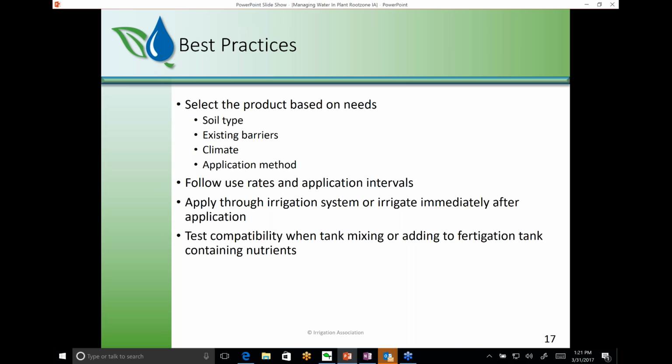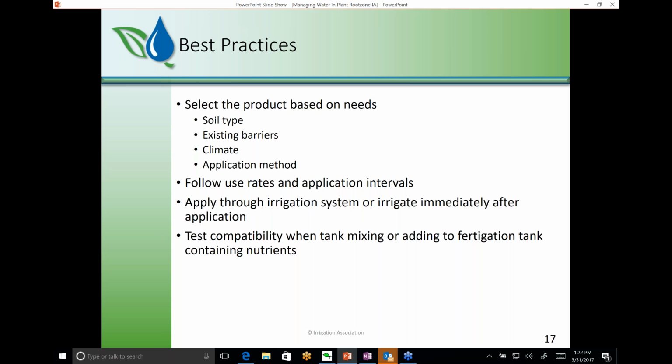Finally, many turfgrass managers, landscape contractors, or growers want to mix products together as a matter of convenience. If you're going to mix surfactants with other products such as plant nutrients or plant protectants, do a compatibility test. What you can see on some occasion is what we call phase separation.